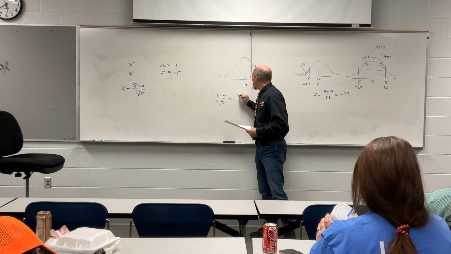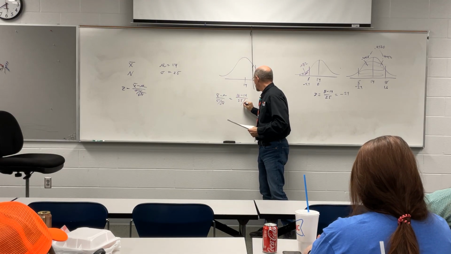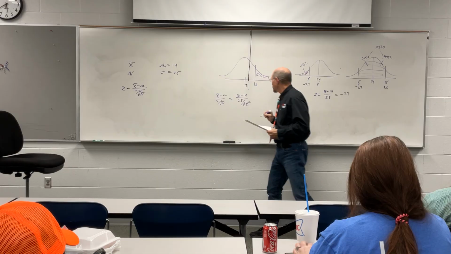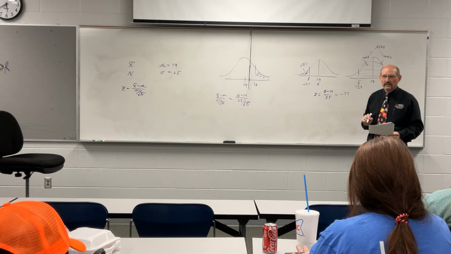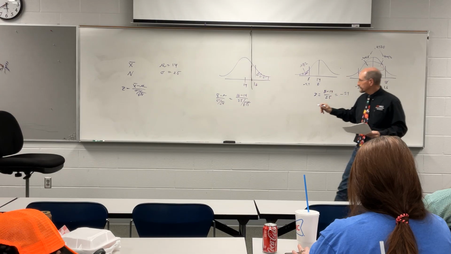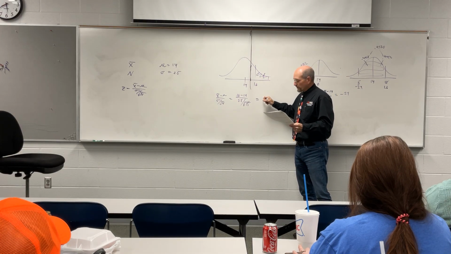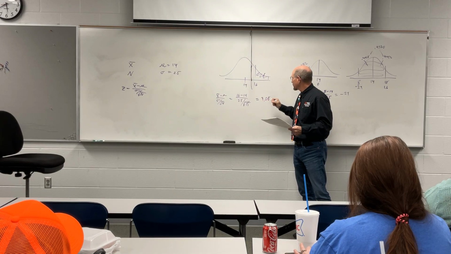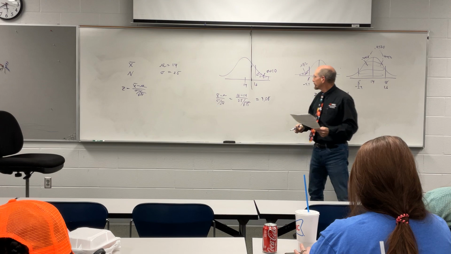You're going to set up 16 minus 14 over 2.5 divided by the square root of 15. Well, 15 is the sample size. When you use the z-score there, the z-score turns out to be 3.08, which means this value is now 0.0010.